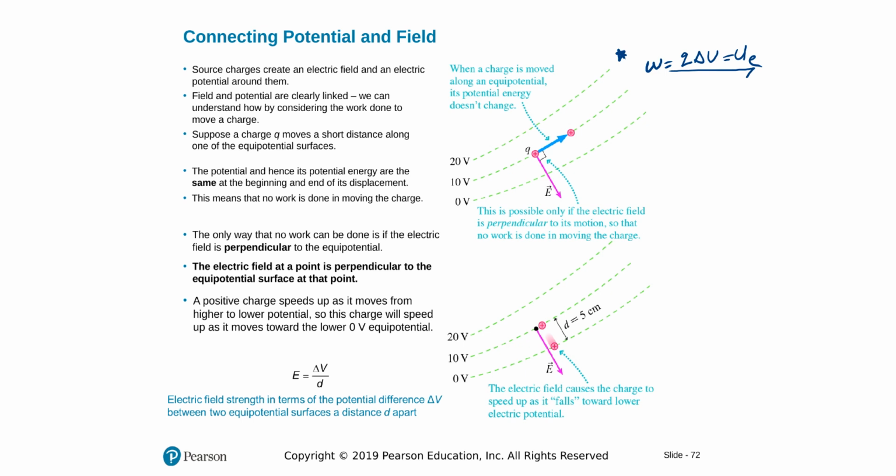So if I'm doing a work, I'm storing an energy in my charge, and that's the electric potential energy. If I'm not doing a work, I'm not storing any electric potential energy. And if I'm carrying a charge and there's no change in delta V, if delta V is 0, my work is 0, so no change in potential energy.